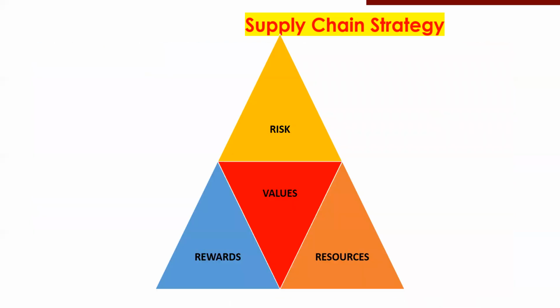So moving forward, our supply chain strategy is assessed or considered by the top management based on the following factors. Number one, it should be the values. What is the value? Of course, the value is represented by our product. That is the physical manifestation of our product. For example, medicine.